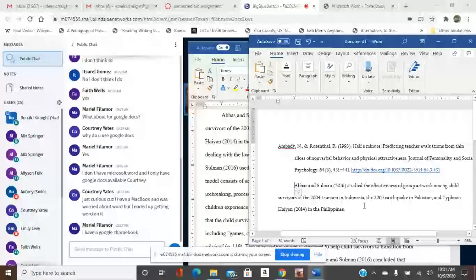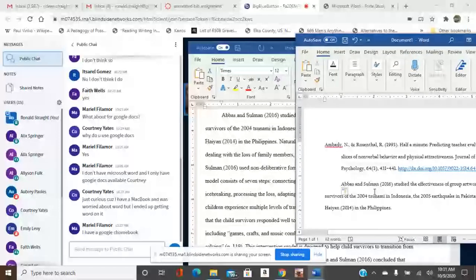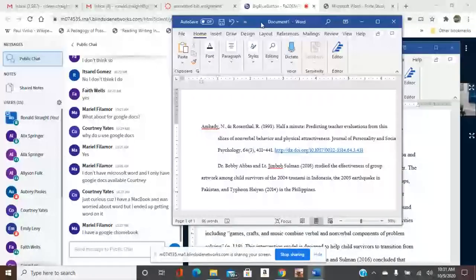I'm covering the APA stuff at the same time as the annotated bib, so we may not have to go over a lot of this, but you'll note that the first names are Abbas and Solman, period. Some people are submitting stuff to me with the doctor and the full names and all this other stuff.